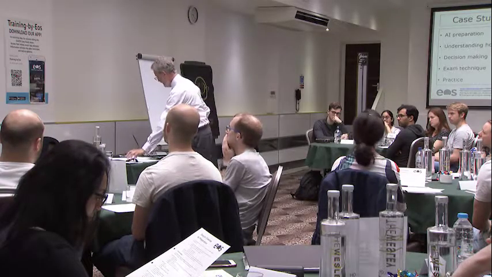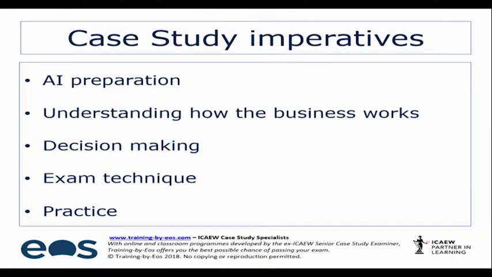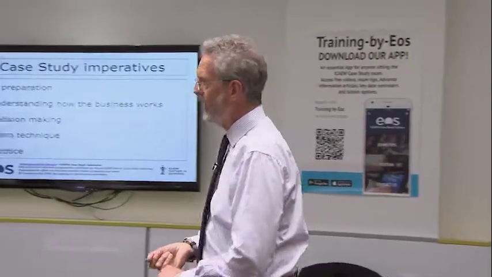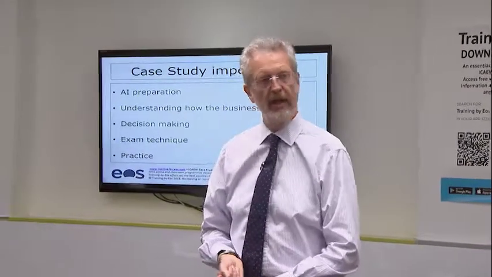Okay, so in terms of the case study imperatives, these are the 5 things that I think are critical to passing this exam. And the first is why we're here today, which is your AI preparation. If you don't know the AI back to front and inside out and upside down, you are not quite doomed, but you're very close.